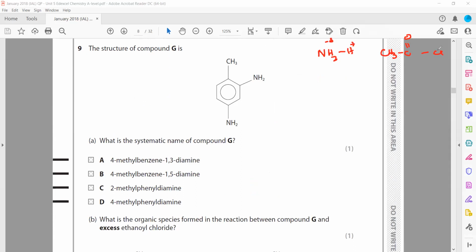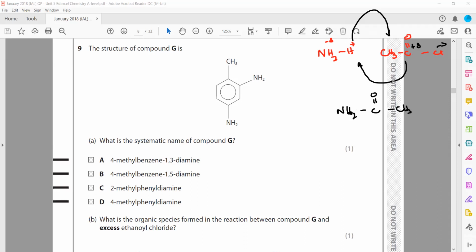And in ethanoyl chloride, the C double bonded with O is partial positive, and chlorine is partial negative. So they switch position with each other. So what will form? NH2 will be there, then C double bonded with O, and then CH3. That is called an amide. So whenever an amine reacts with ethanoyl chloride, it will form an amide.